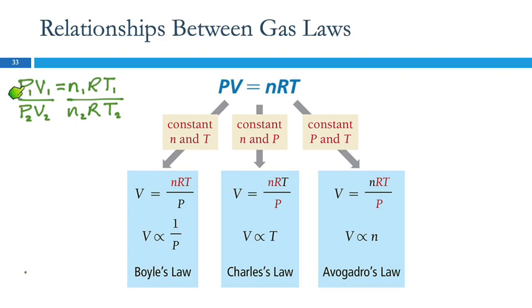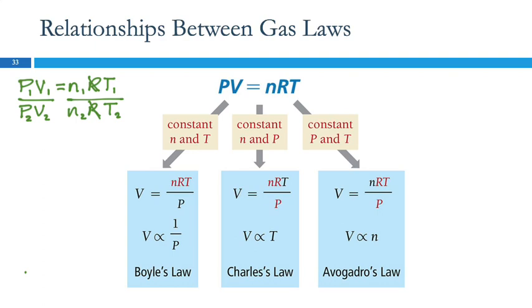At condition 1, PV equals nRT. At condition 2, PV equals nRT. And so if I divide this side by PV and this side by nRT, I still have an equality. Now what we can do is we'll just cancel out anything that doesn't change. The ideal gas constant doesn't change. So R divided by R is going to cancel out.